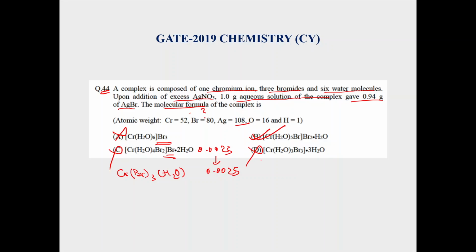So this is also not the answer. For question number 44, the correct answer is option B, that is chromium with five water molecules and one Br coordinated, and the other two bromine and one water present outside the coordination sphere. So this is the correct molecular formula for this complex.